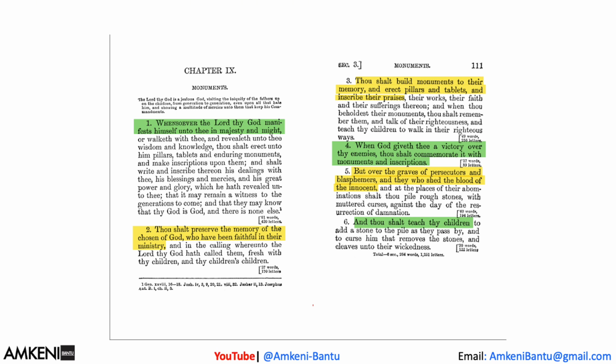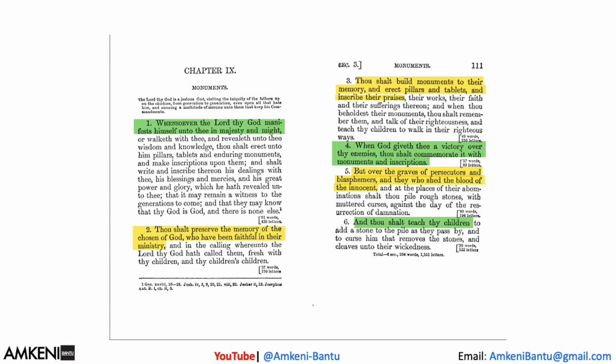Also, when the Most High Tatanzambi gives you a victory over your enemies, commemorate it with monuments and inscriptions on those monuments. Fifth, over the graves of your persecutors and blasphemers, these are your enemies, and they who shed the blood of the innocent, at these places of the abominations, you shall pile rough stones.